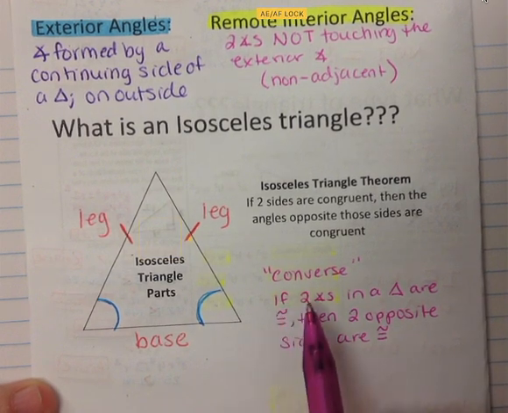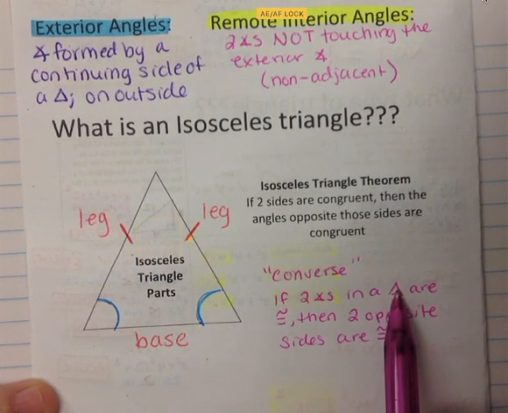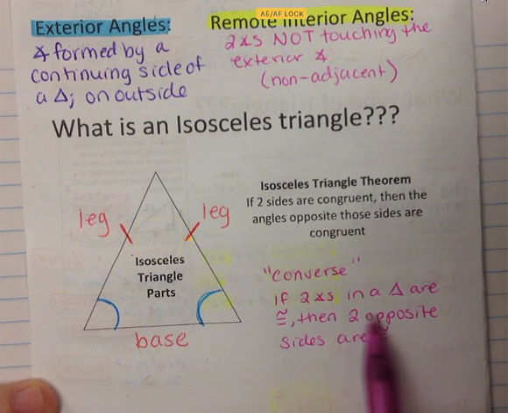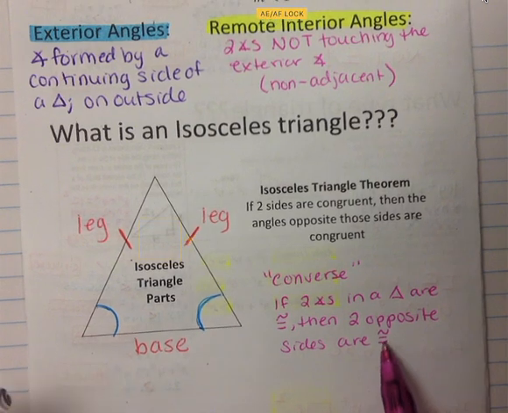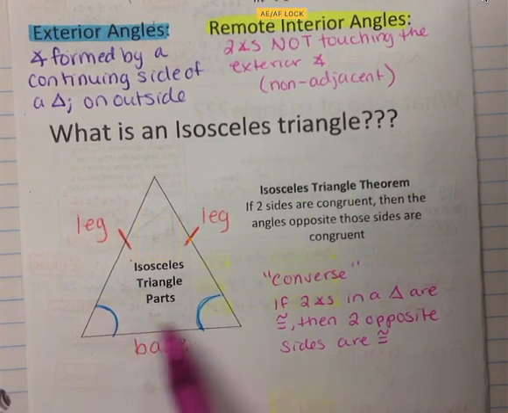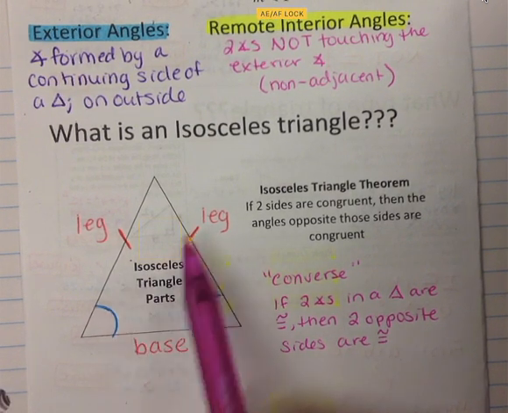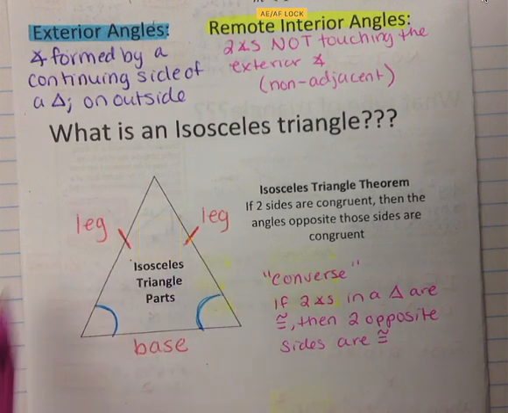So if two angles in a single triangle are congruent, then the two opposite sides are congruent. If we had these marked congruent, then we could say the sides across from them are also congruent, since it's in a single triangle.